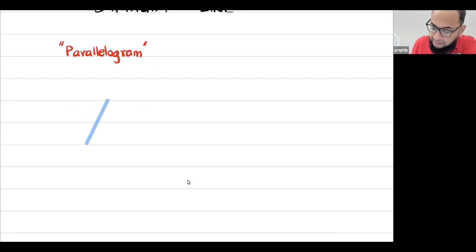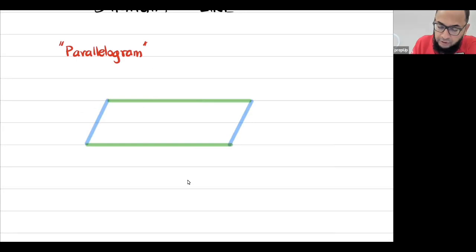A line like this, a line like this, and then two lines like this. So this is a perfect example of a parallelogram. I have labeled this A, B, C, D. I have labeled it anti-clockwise.